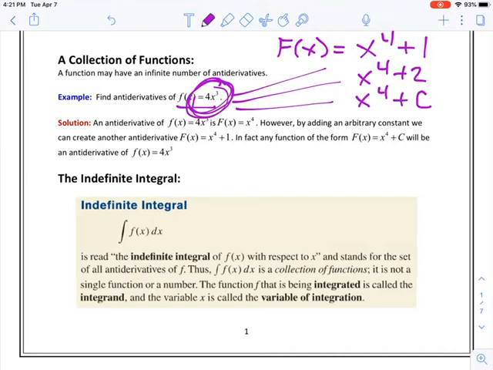There could be a constant, or there may not be a constant. The constant might be 0. So to compensate for the fact that we don't know if there is a constant or what the constant is, we just write c. And so we would say that the antiderivative of 4x cubed is x to the fourth plus some constant c. So hopefully that makes sense.